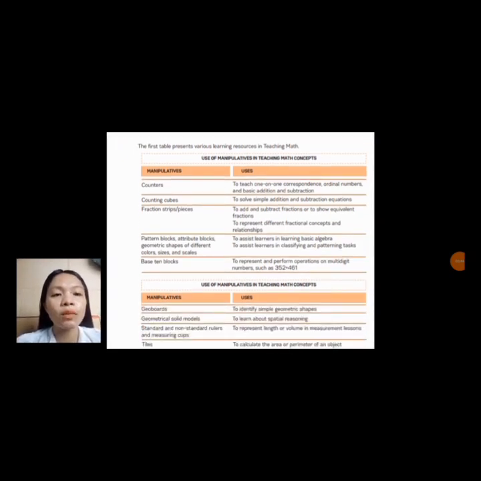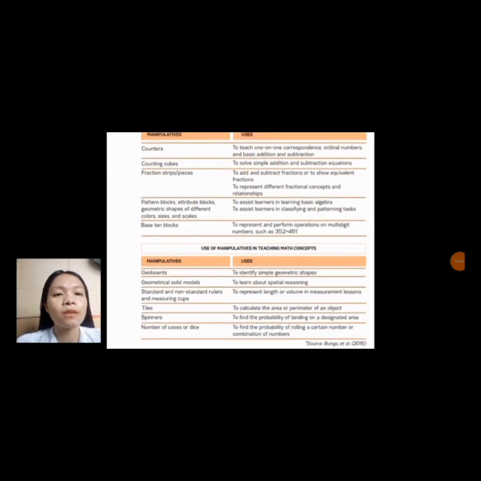Pattern blocks, attribute blocks, geometric shapes of different colors, sizes, and scales to assist learners in learning basic algebra, to assist learners in classifying and patterning tasks. Next is base-ten blocks to represent and perform operations in multi-digit numbers such as 352 plus 461.